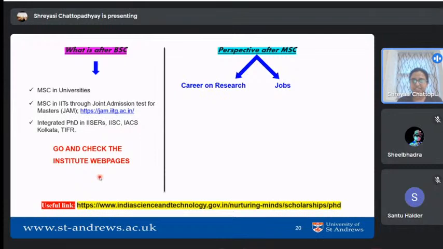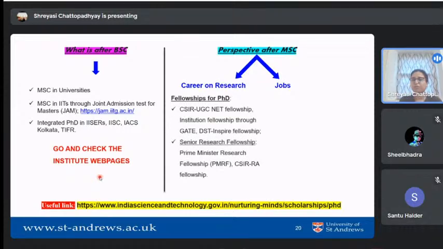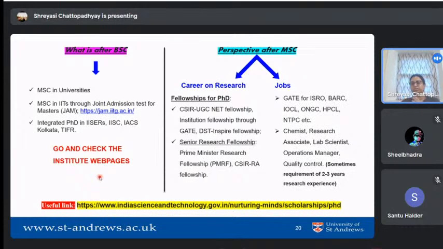After an MSc, there are two ways: you can go for a PhD and carry on research, or you can go for jobs. If you appeared for GATE, from your GATE score you can apply to government and government-undertaken companies for jobs.